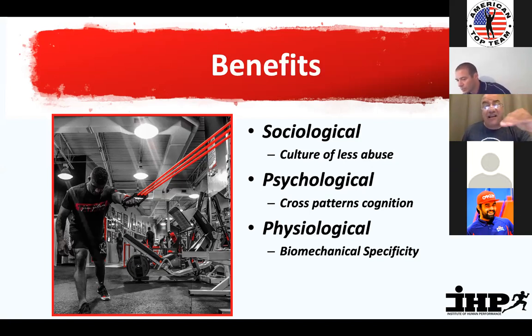Then it's got a psychological implication also. Functional training is known for its rotation and diagonal patterns. That's one of the things that it just inherently does. Well, we know that diagonal patterns and rotational patterns improve cognition. If you want to read about that, Smart Moves: Why Learning Is Not in Your Head.